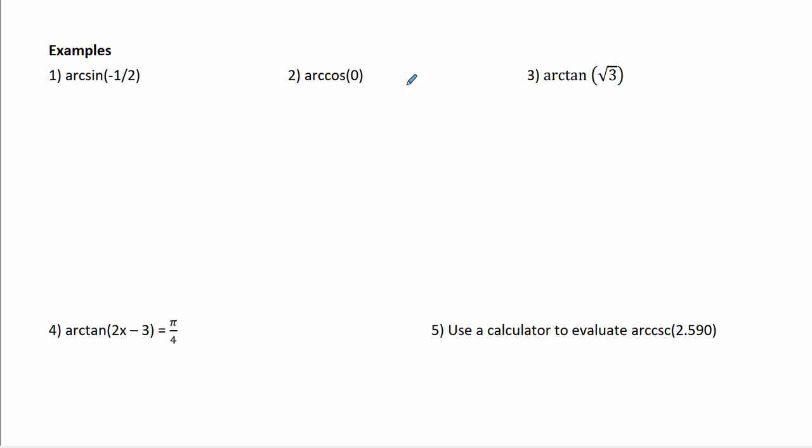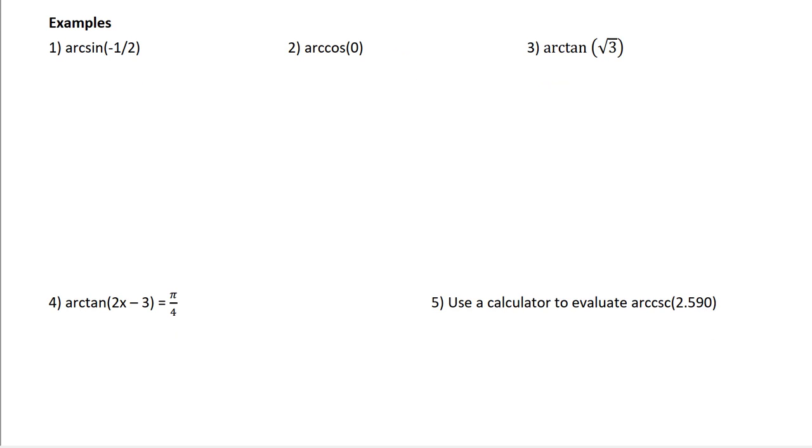I will start on the second page, though, and it's really not too important, but it's not terribly hard, so I might as well do it just in case it appears on our BC test or whatever. It could. So if I want to find the arc sine of -1/2, basically I'm saying that y is equal to arc sine of -1/2.